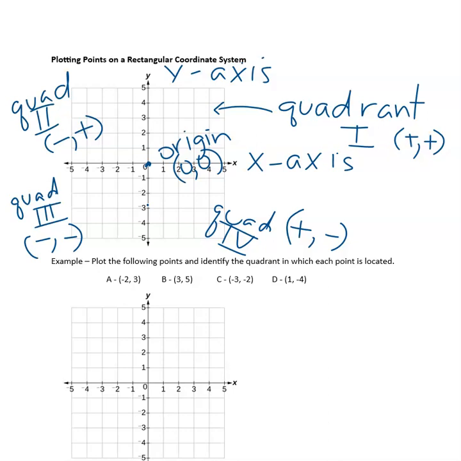Now, in addition to thinking of this as the x and y value, the two values combined are referred to as an ordered pair. And it's an ordered pair because the x value is always listed first, and the y value is always listed second. Sometimes you will see the x value referred to as the x coordinate of the point, and the y value would be referred to as the y coordinate of the point.